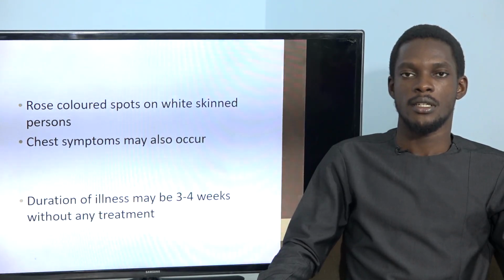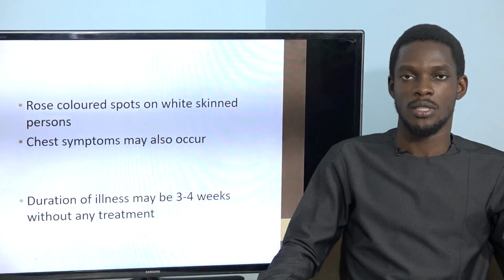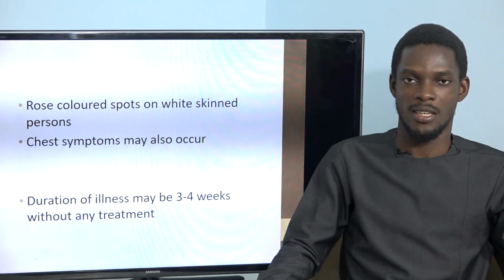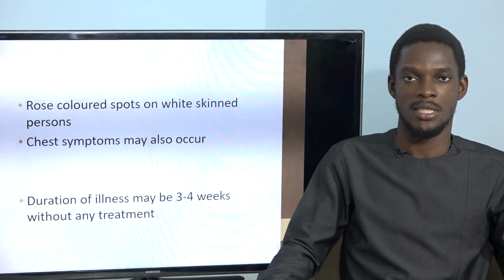The duration of the illness without treatment is about 3 to 4 weeks, but with treatment may last for a week or under a week, depending on the management given.